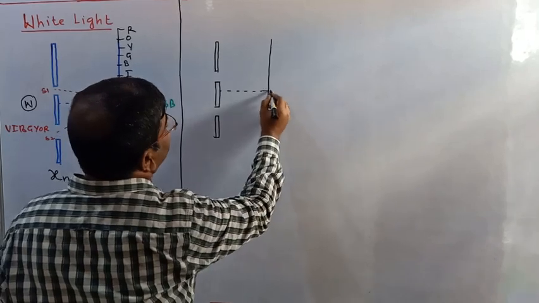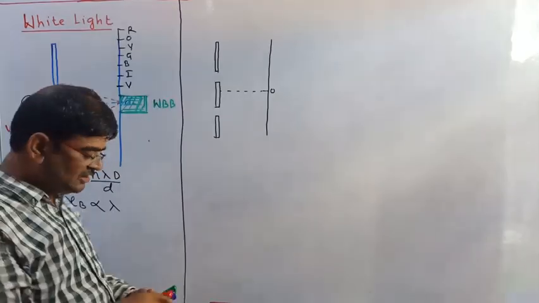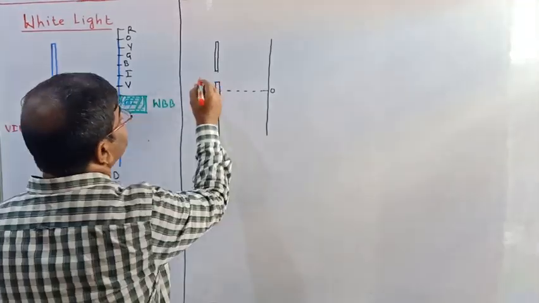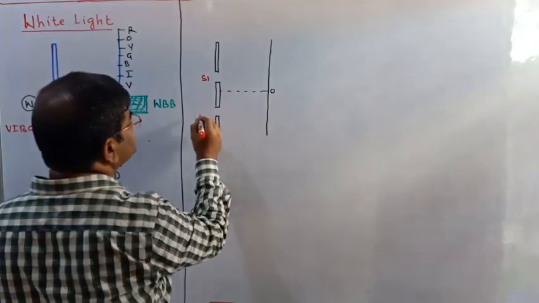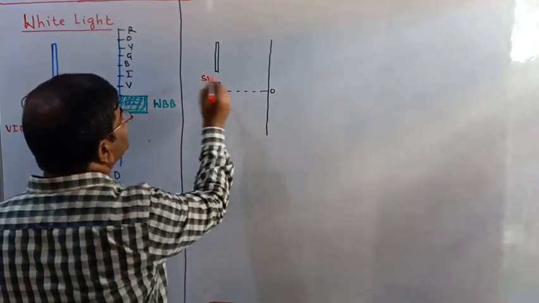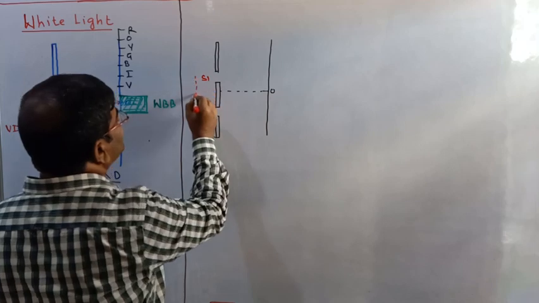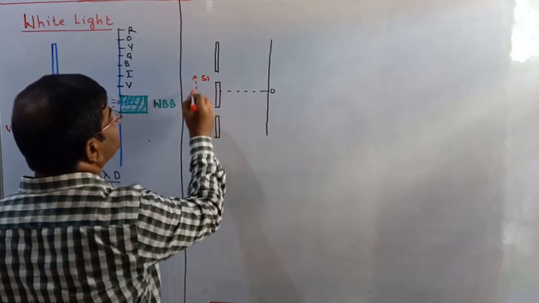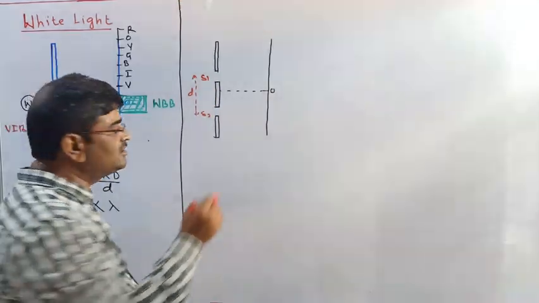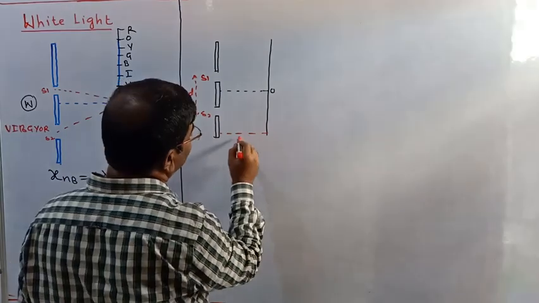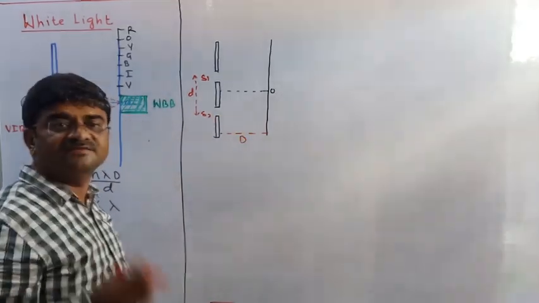This is my screen. I have a source, slit S1, slit S2, and the slit separation is d.